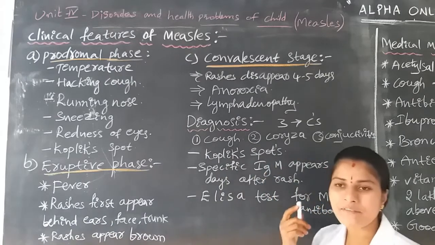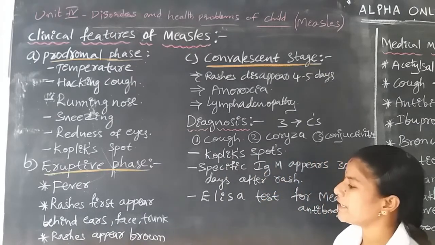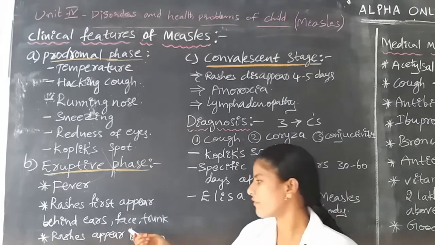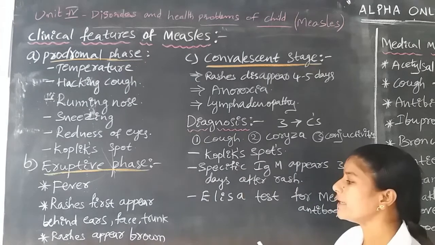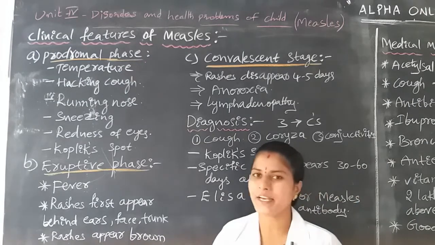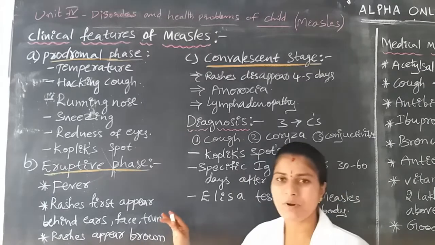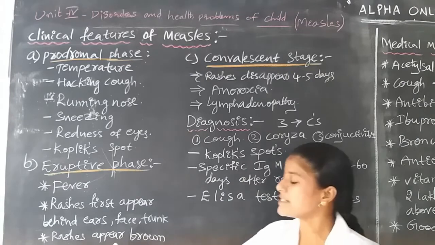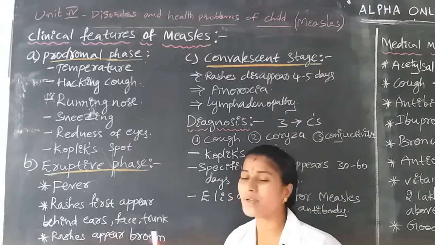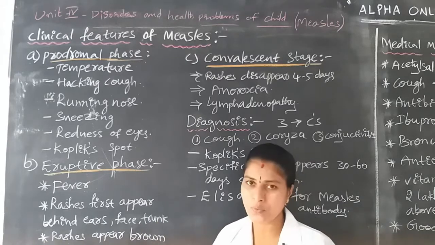Next on the face, then the trunk, and the extremities also have some rashes. In this stage the rashes appear brown in color.